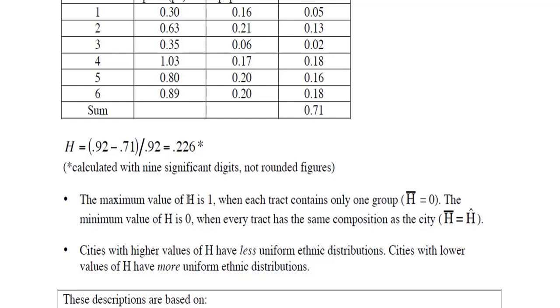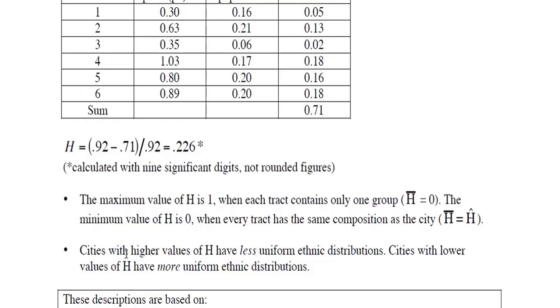The maximum value of H is 1 when each tract contains only one group. That means there is complete segregation, or only one group concentrated. The minimum value of H is 0 when every tract has the same composition as the city.